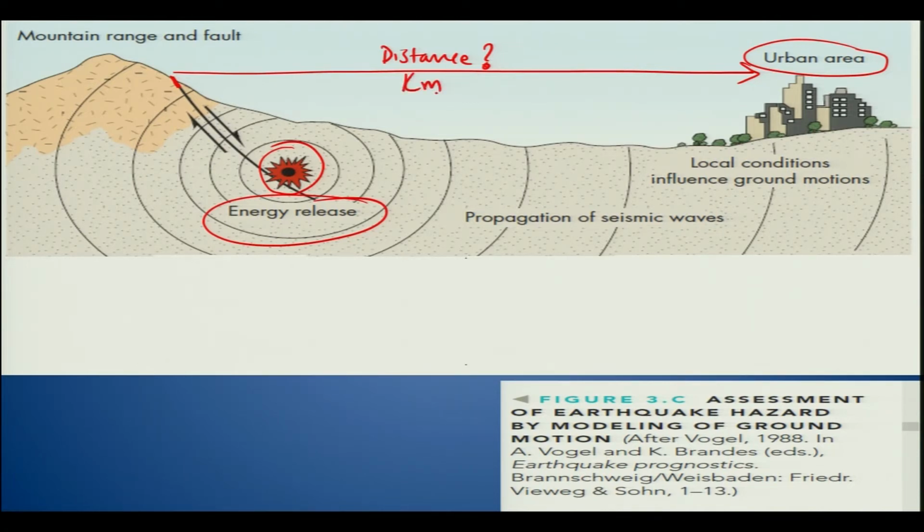For example, in the 2015 Nepal earthquake, the magnitude was 7.8 or something like that, and it shook areas more than 300 kilometers away.